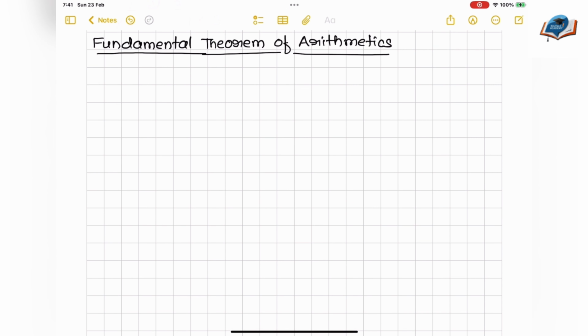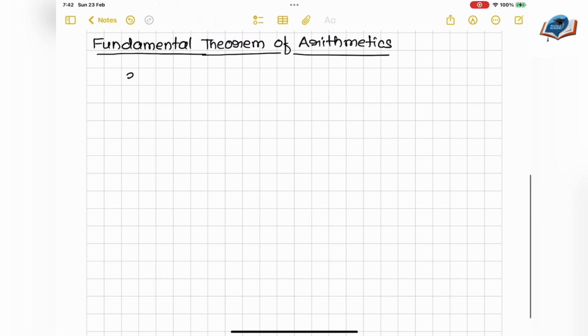Now the next topic is the fundamental theorem of arithmetic. It says if I take any number, I can make prime factors of that number. For example, if I take 32760, I can take out its prime factorization.